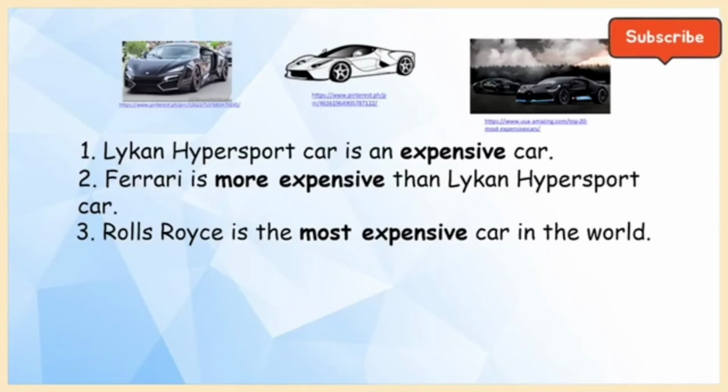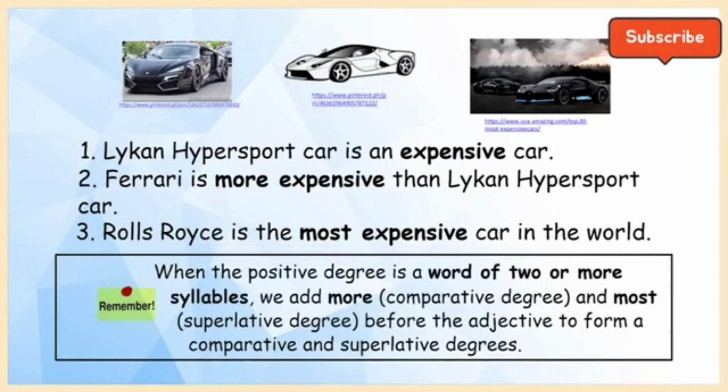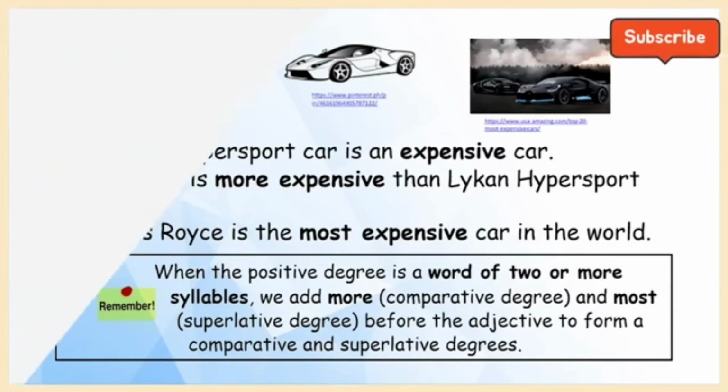In sentence 3, which is superlative degree, what is added before the word expensive? When the positive degree is a word of two or more syllables, we add more for comparative degree and most for superlative degree before the adjective.